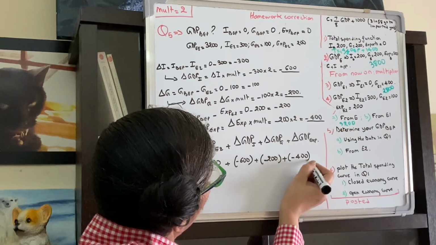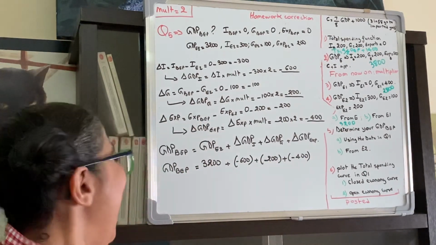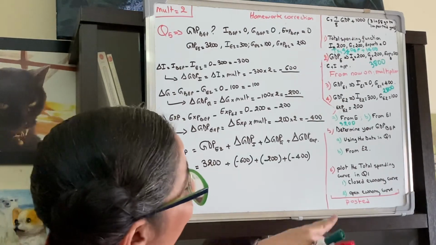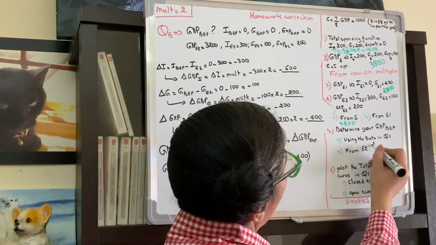Do I have a mistake here? Probably. No, I have no mistake. Yay! I need to find 2,000. Okay, I found here 2,000.